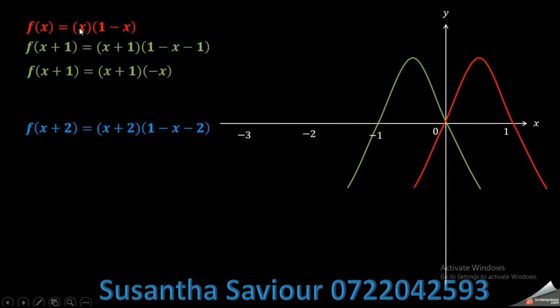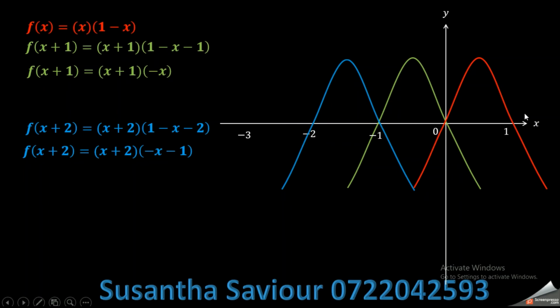So this will become x+2. This will become 1 minus x minus 2, right? You can simplify this and take it as minus x minus 1. Okay, we'll try to have a look at the thing. There you are. This 0 is coming to minus 2. This 1 is coming to minus 1.